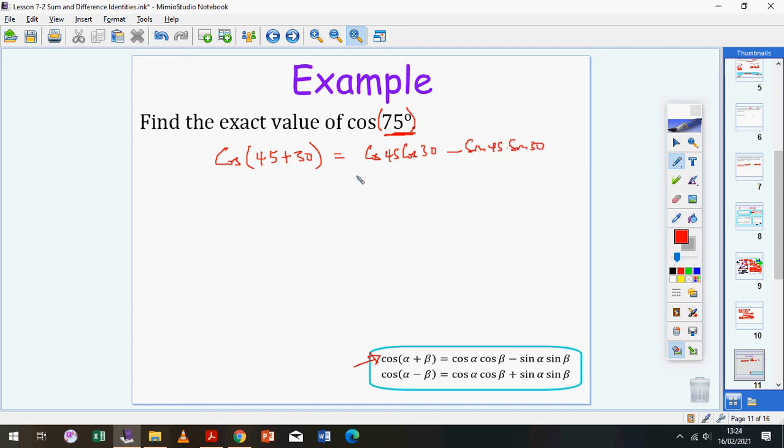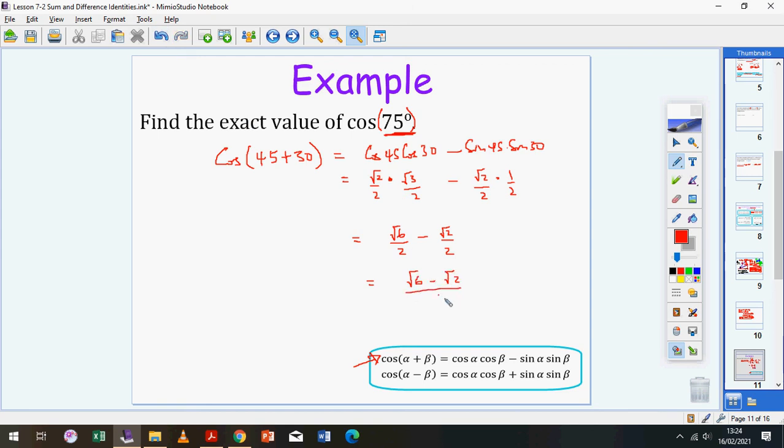The cosine of 30 I know is root 3 divided by 2. The sine of 45 is root 2 out of 2. And the sine of 30 is 1 out of 2. Simplifying this gives me square root of 6 out of 2 minus square root of 2 out of 2, which you can write as square root 6 minus square root 2, all divided by 2.